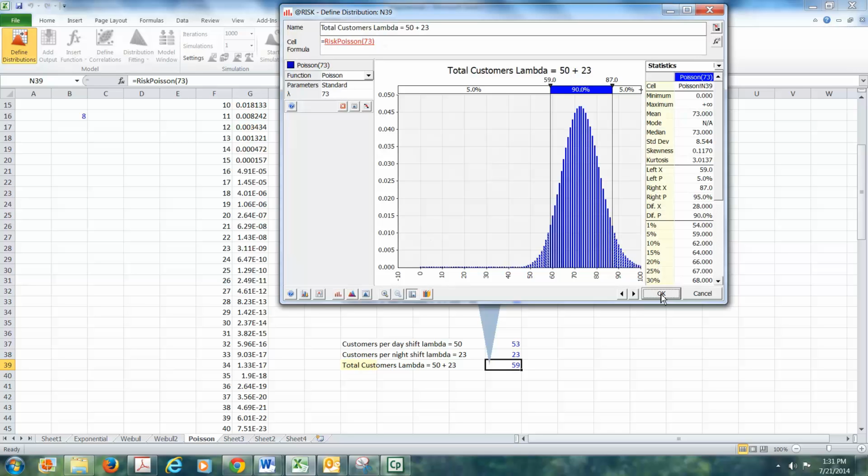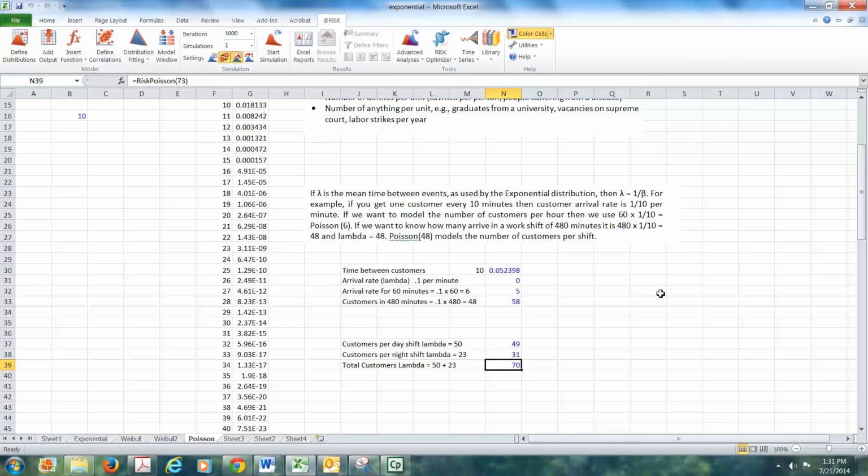So this property is saying in words that if A customers are expected to happen in some period, like the day shift, and B customers occur in another period, like the night shift, we could estimate the variation of the total number of customers in the total periods, shift day plus shift night, with a Poisson of A plus B. My mistake. So we would add the two together.